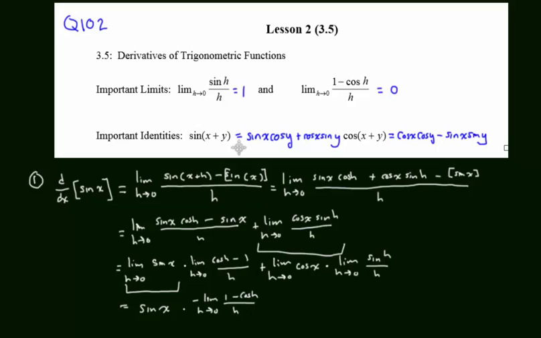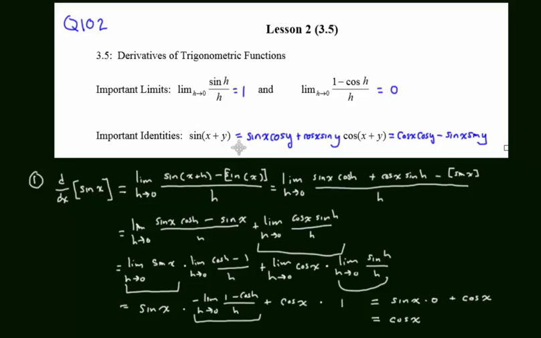I factored out a negative 1 there, plus cosine of x is treated as a constant, and from above this one here is equal to 1. So lastly, we have sine of x times negative 0, which is still 0, plus the cosine of x, which gives us the cosine of x.